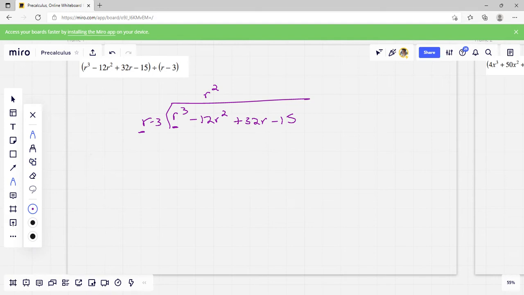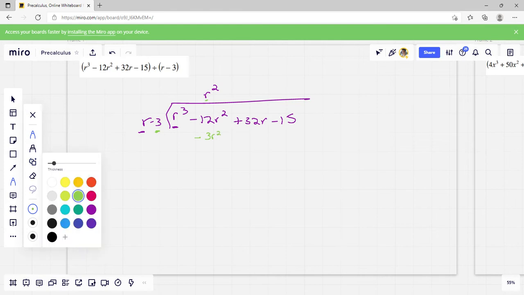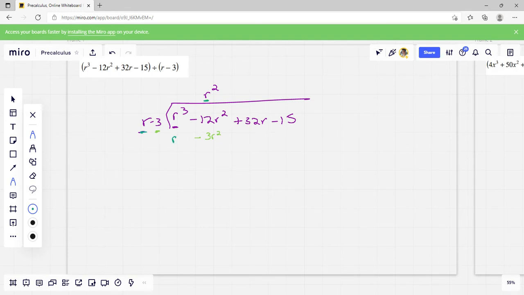So then we're going to multiply r squared times negative 3, which would be negative 3r squared. Then we're going to multiply r squared times r, which would be r to the third, and that's what we were trying to get.